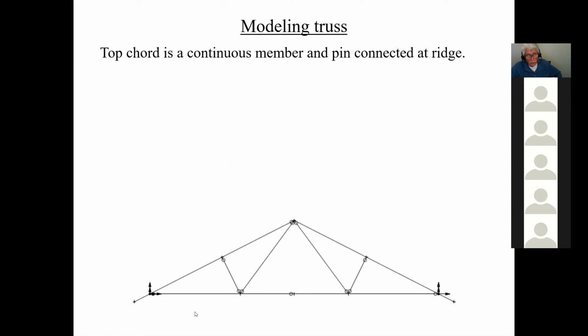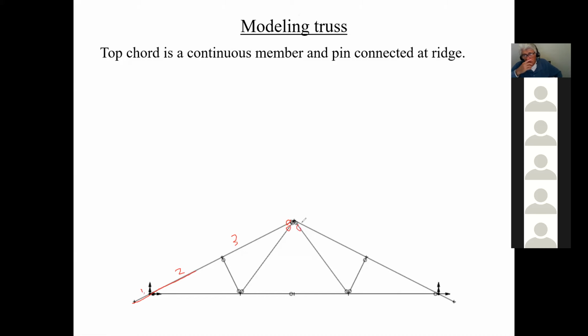So guys, this member is continuous. In other words, this is one member, this is another member, this is another member, but it's all continuous. The only place it's released is here, here, and here.